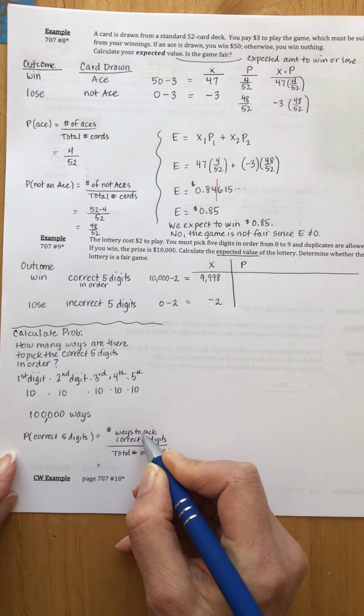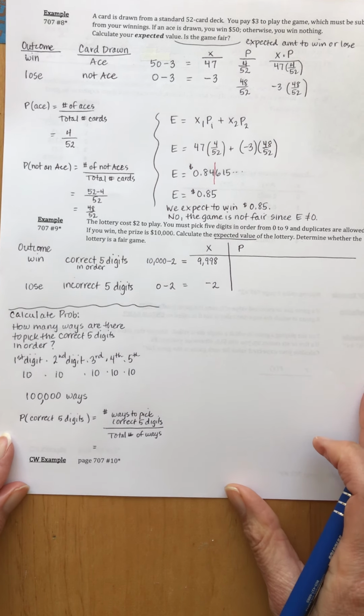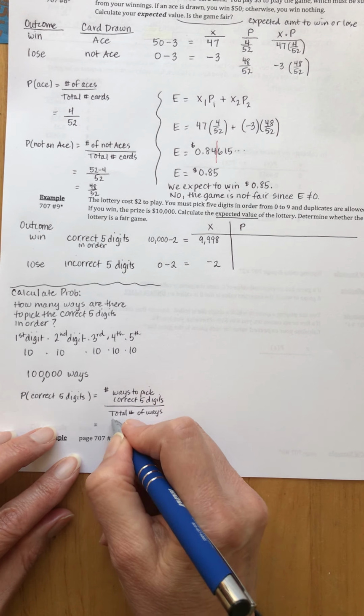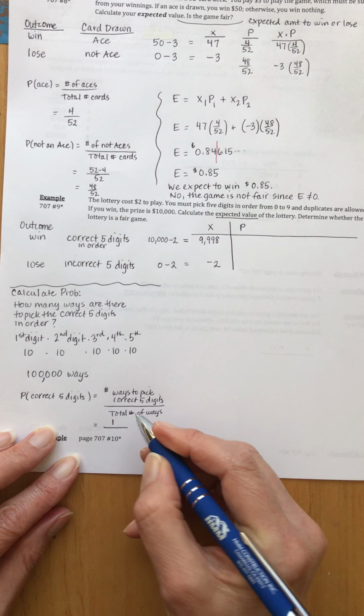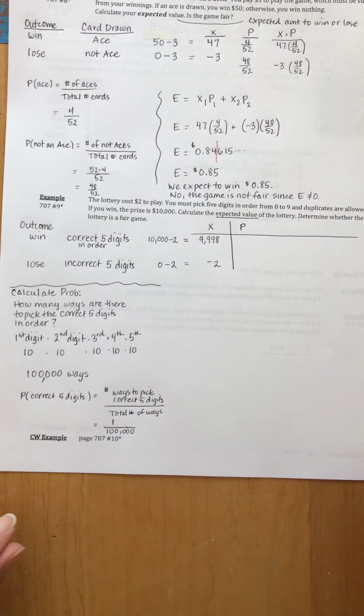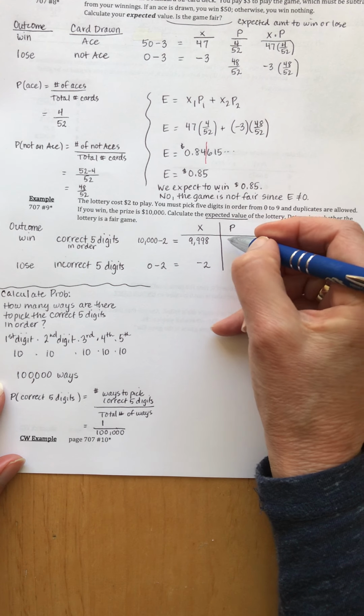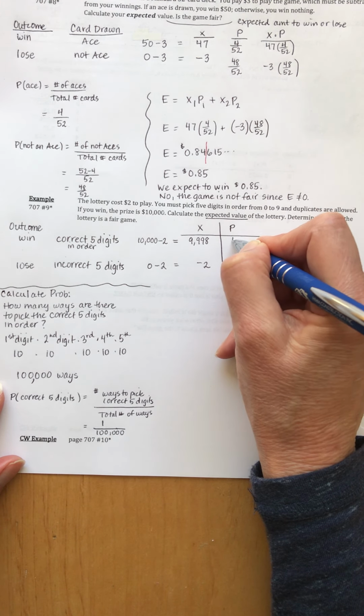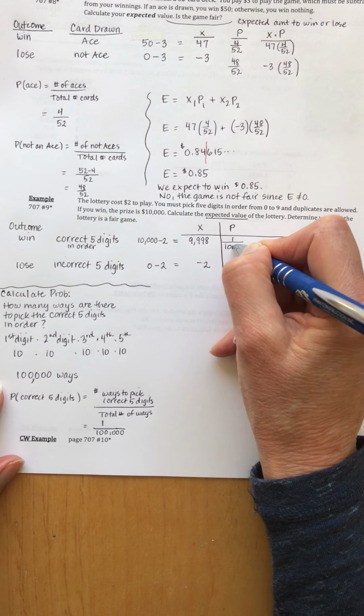Well, there's only one way to pick the correct number. There's just one correct number, out of how many total? 100,000. So that is our answer for the probability here. The probability is 1 over 100,000.